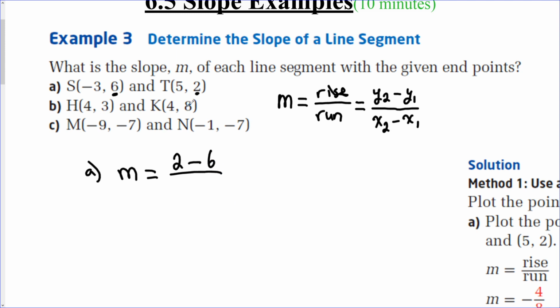And we divide that by the x-coordinate at the end, which is 5, minus the x-coordinate at the beginning, negative 3. So that gives me 2 minus 6 is negative 4, and 5 minus negative 3 is 8, which simplifies if I divide the top and the bottom by 4, to negative 1/2.